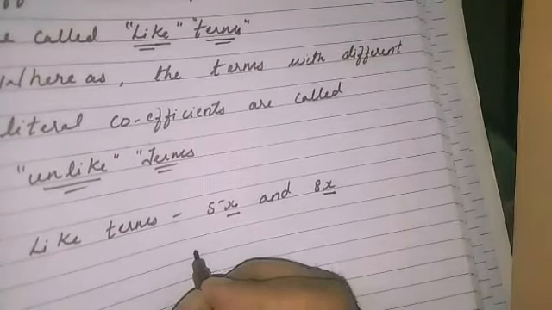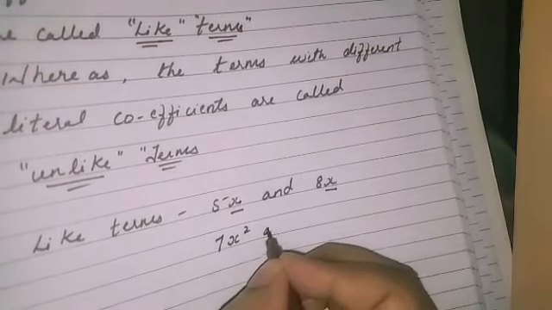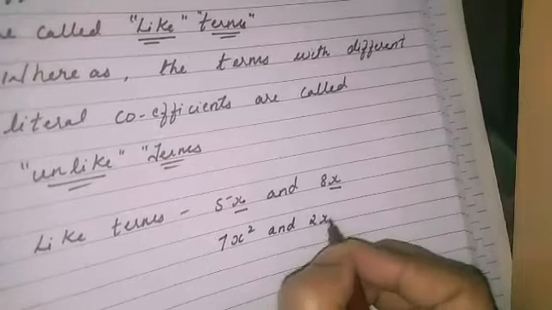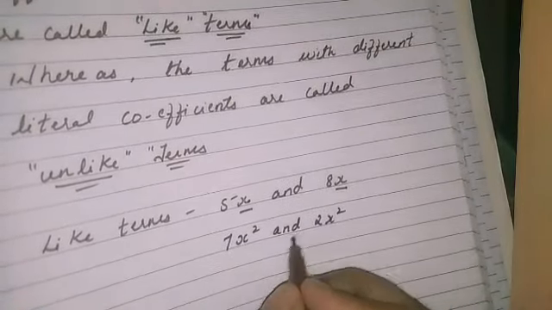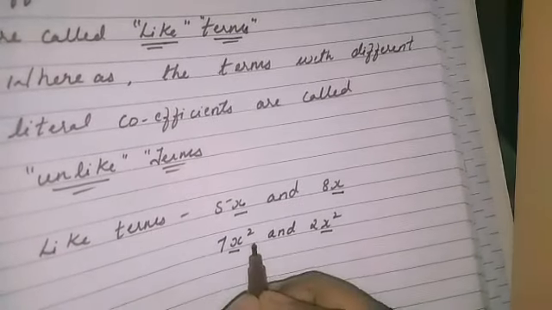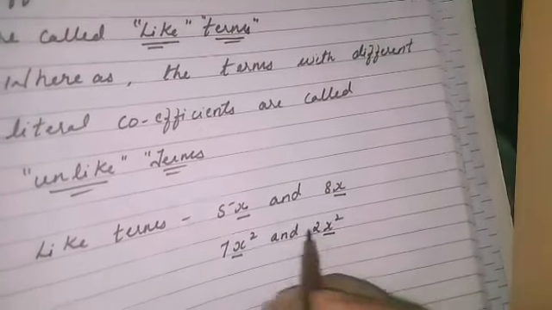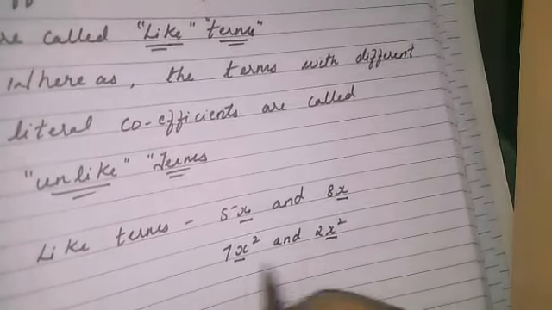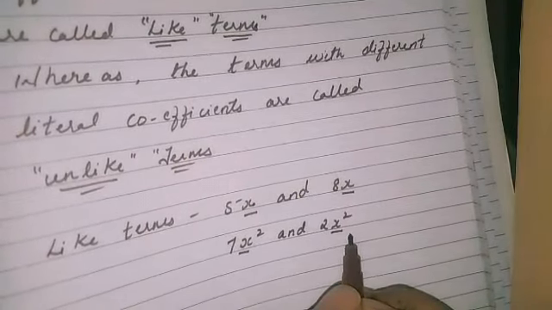So that is why they become like terms. Another example would be 7x square and 2x square. The literal coefficient of 7 and 2 is x square. If these are the same, then the terms are called like terms.